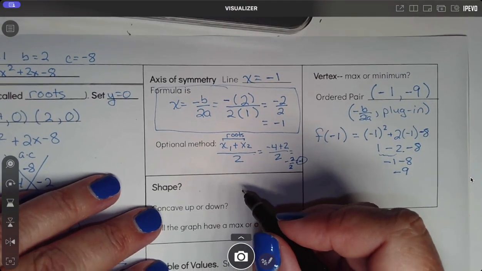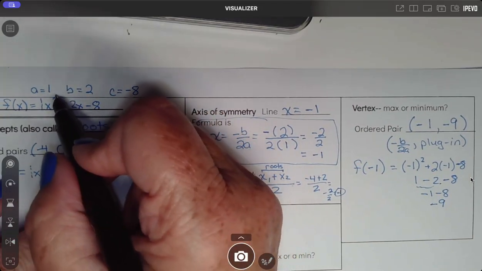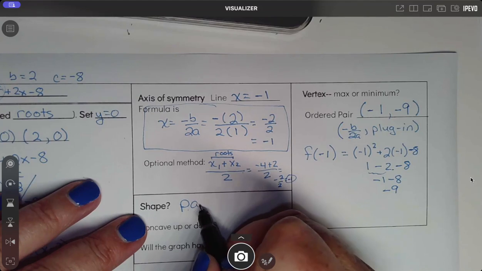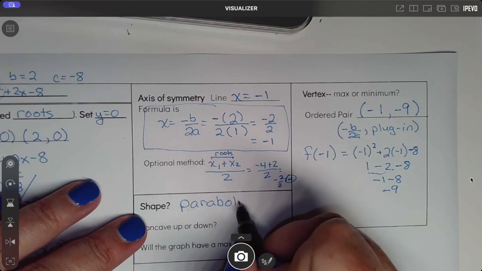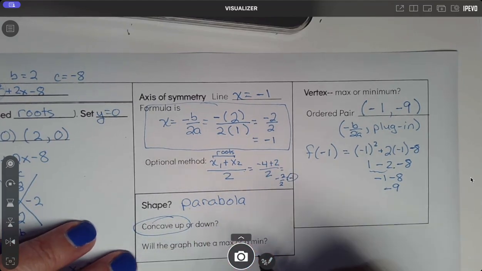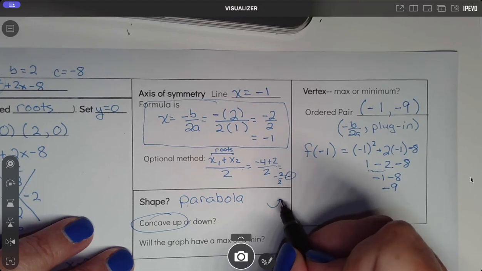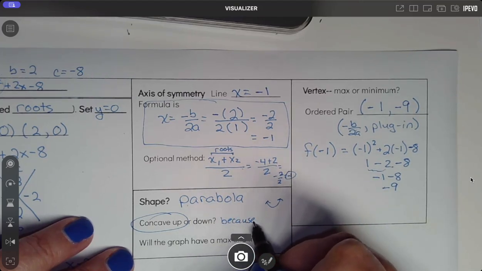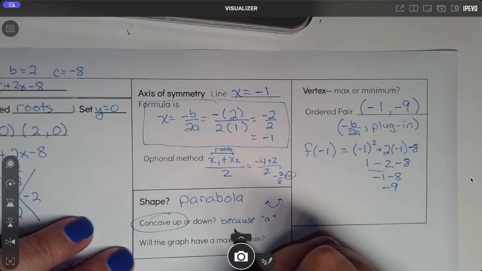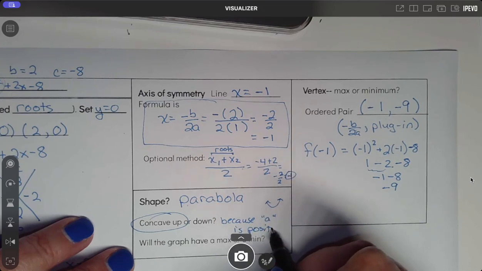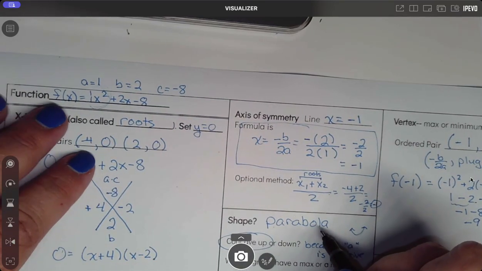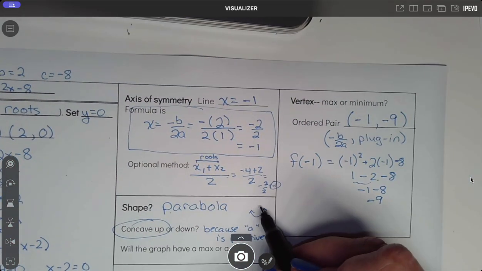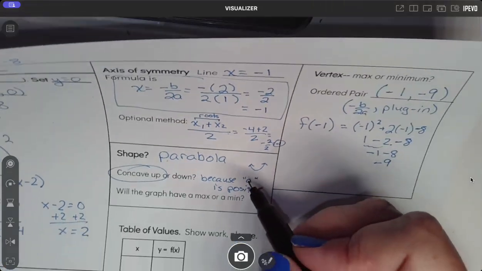Now here it asks us what's the shape. Well, this is a quadratic because the biggest exponent of x is a 2. So our shape is going to be a parabola. We're concave up, meaning the ends point up, because the a value is positive. If this had been a negative one, we'd have an upside down parabola. But since this is a positive one, we have a parabola that looks like a U, both ends point up.